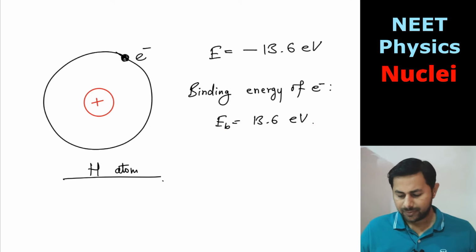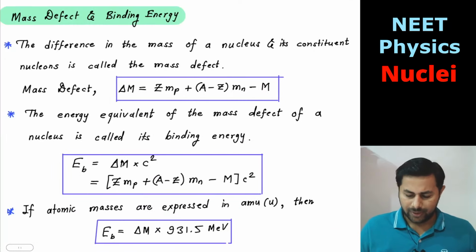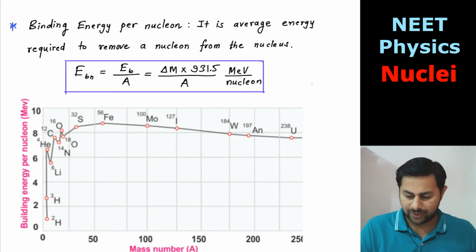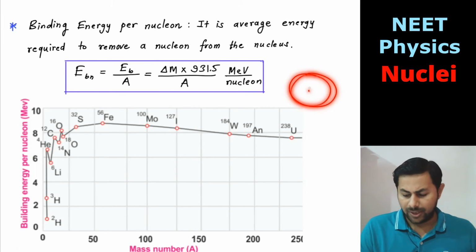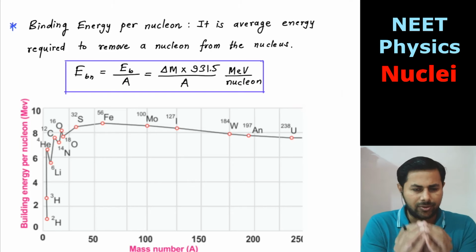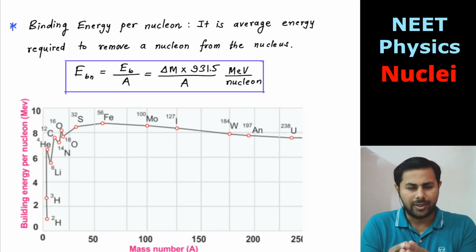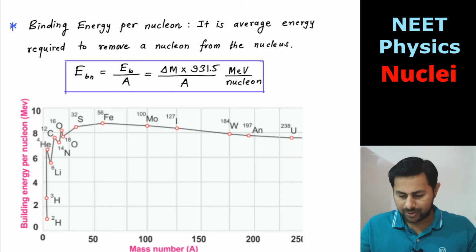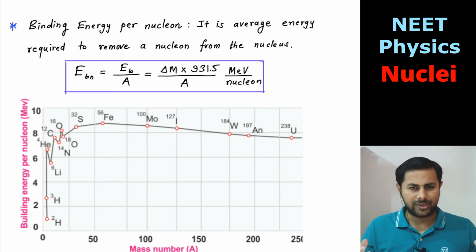Now inside a nucleus, the mass of the nucleus is less than the mass of the nucleons. Suppose there are 4 nucleons inside a nucleus; the mass of this nucleus is less than the mass of the nucleons. If you make these nucleons free, their mass when separated from each other would be more compared to the mass of the nucleus.